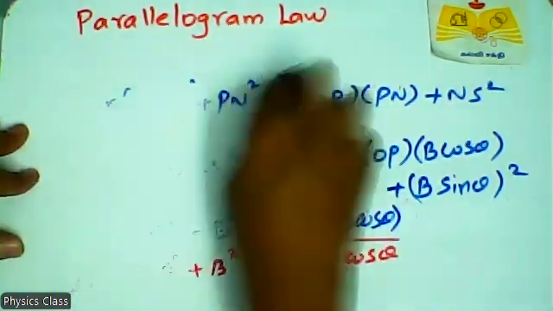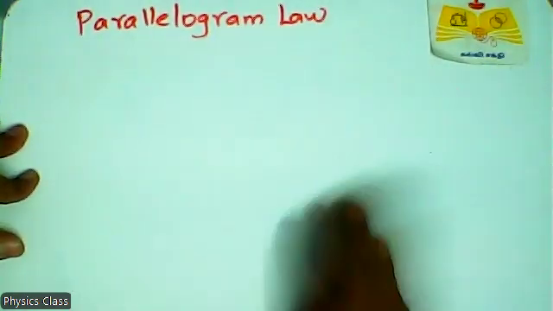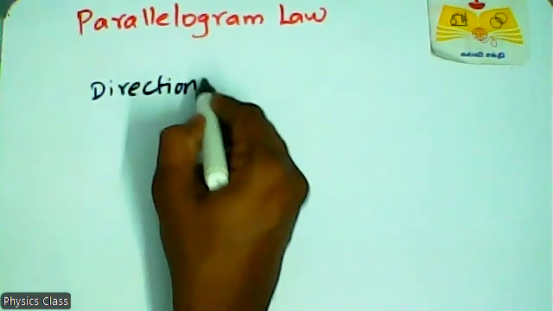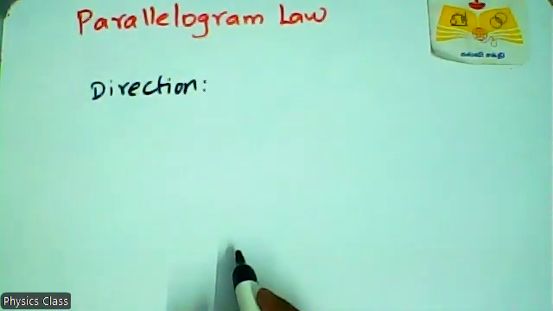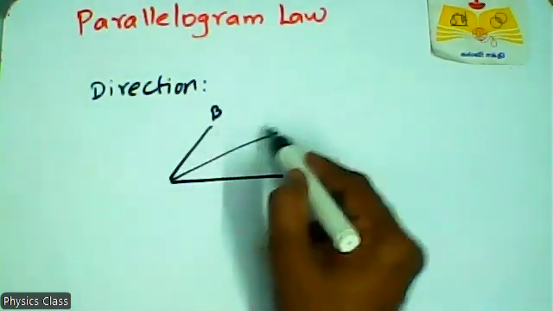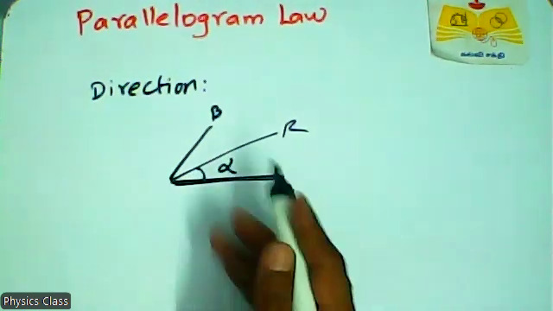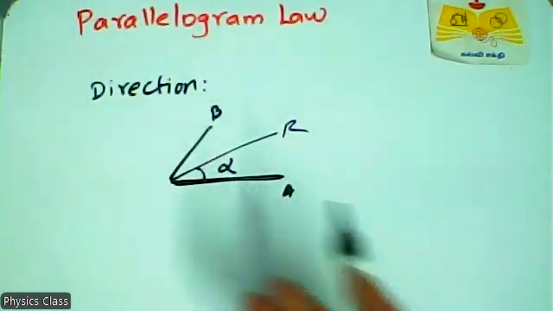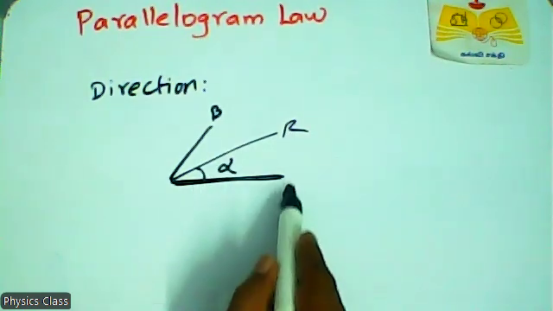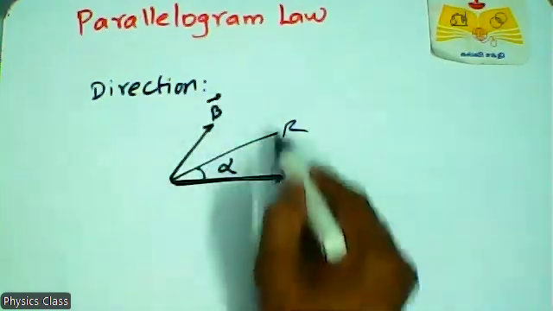To find the direction of this resultant vector, this is B, this is A, and this is R. R makes an angle alpha with vector A. So the resultant makes an angle alpha with vector A.